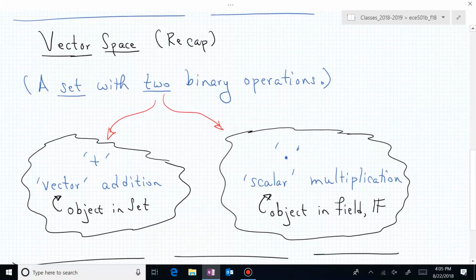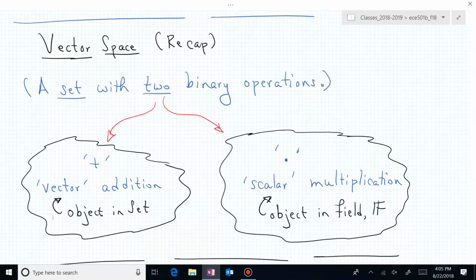Here's a recap. A vector space is sort of 3 concepts. It's a set of vectors, and this vector space possesses 2 binary operations.